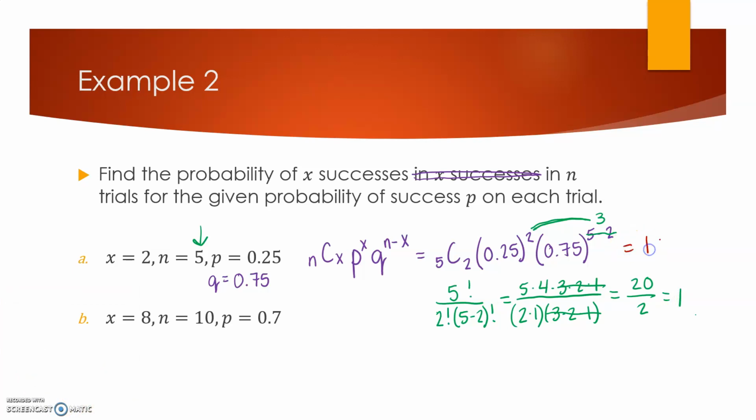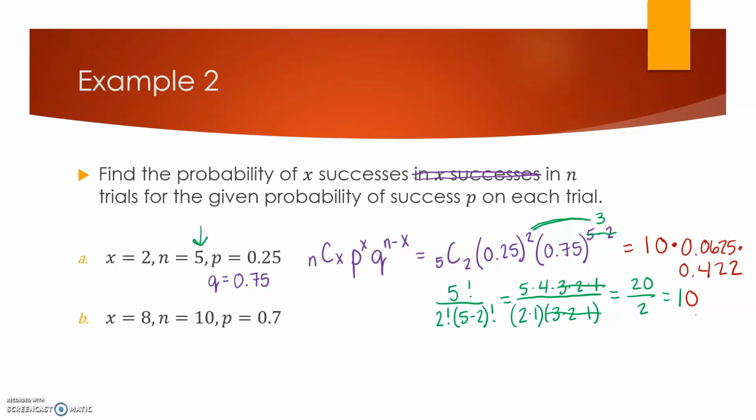So I'm going to get 10 times 0.25 squared, which gives me 0.0625, and then 0.75 cubed gives me a longer number, 0.42. I'm just going to round it.